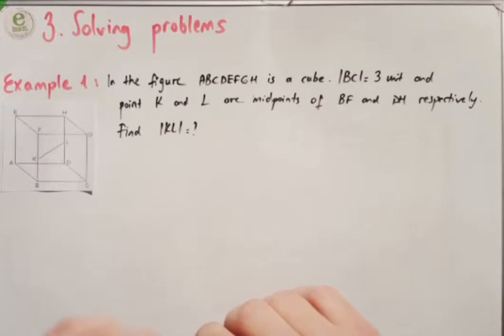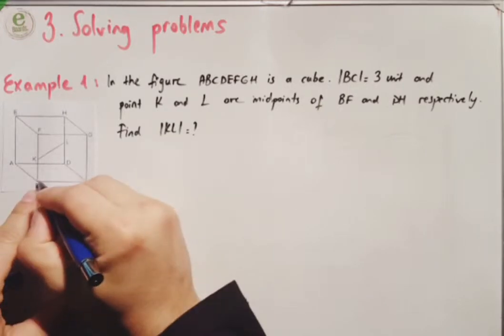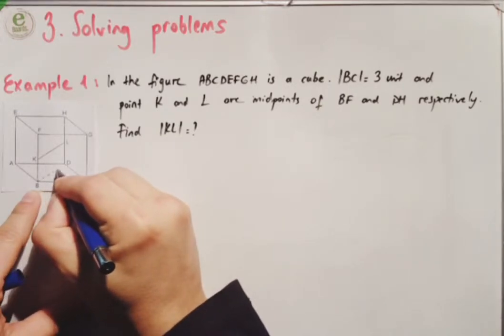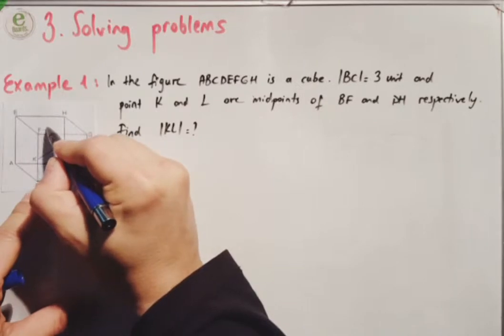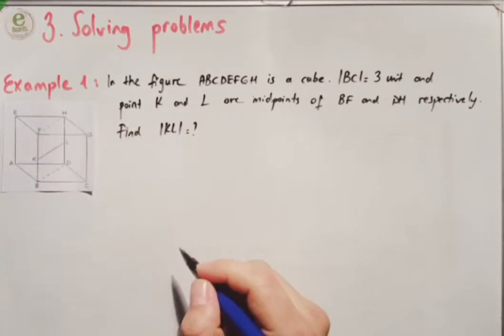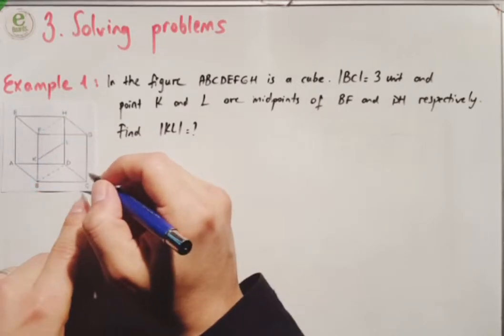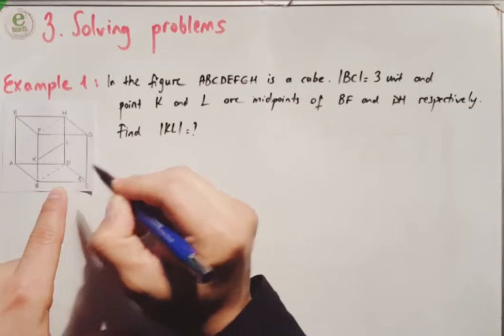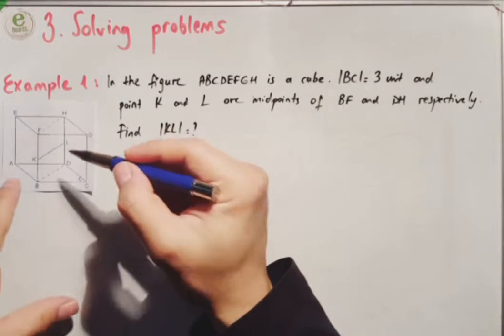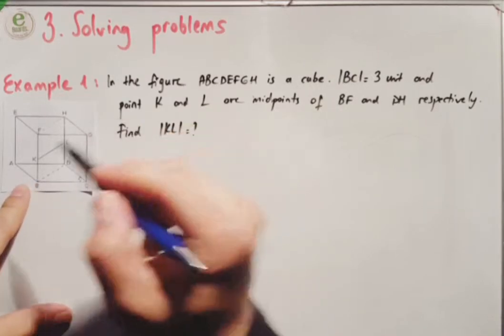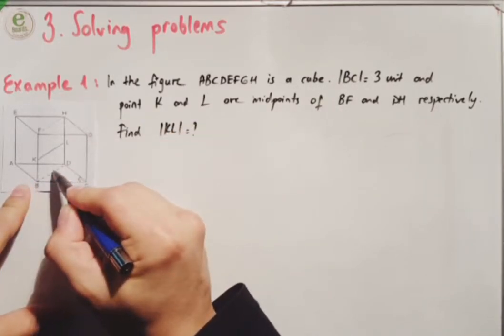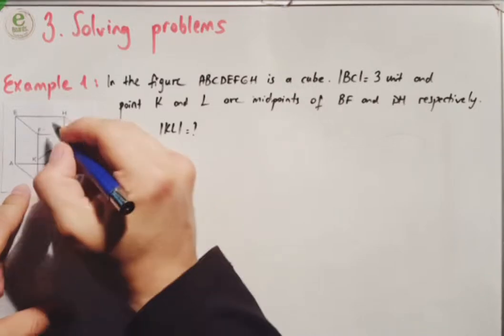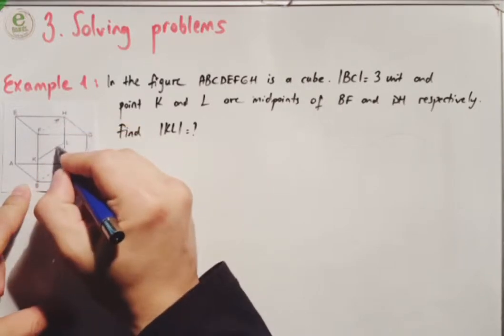First I would like to start by connecting points B, D and F, H. And we can make the right triangle BCD. This figure is a cube, so automatically sides BD, KL and FH are parallel to each other.